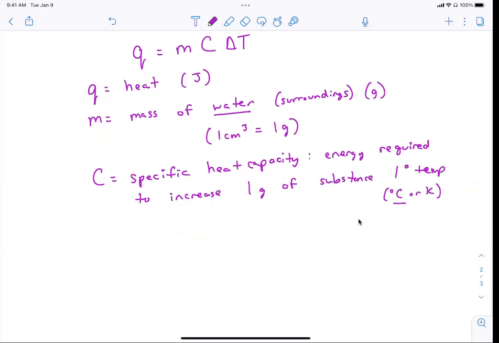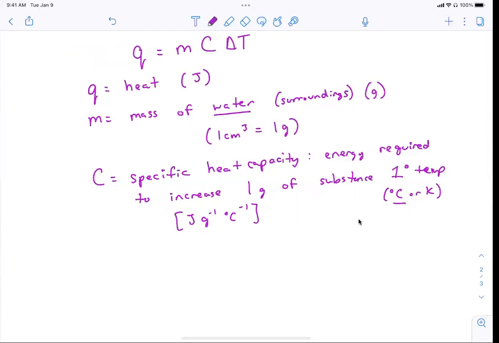And specific heat capacity itself will be in joules per gram degrees Celsius for its units. Yes, Cass, sorry. So it increases 1 degree. Oh, I see where the confusion is there.